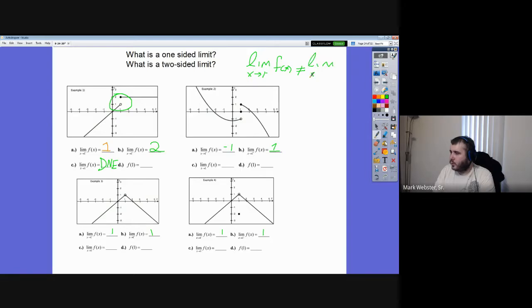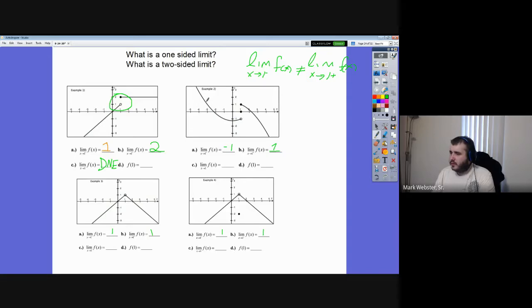I'm just writing it out in math speak. It's saying the limit from the left as x approaches 1 of f of x does not equal the limit from the right as x approaches 1 of f of x. So example number 2, take a look.